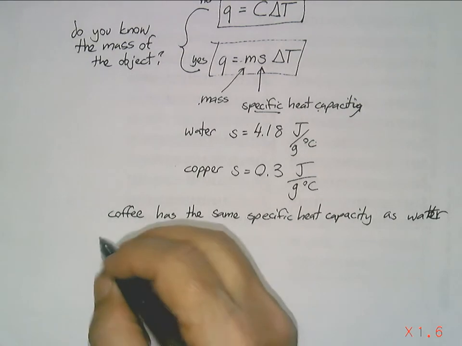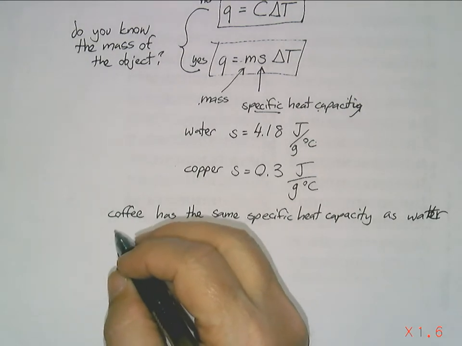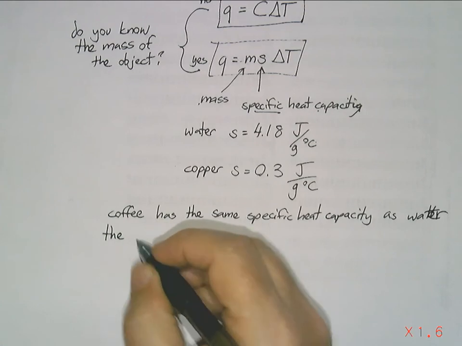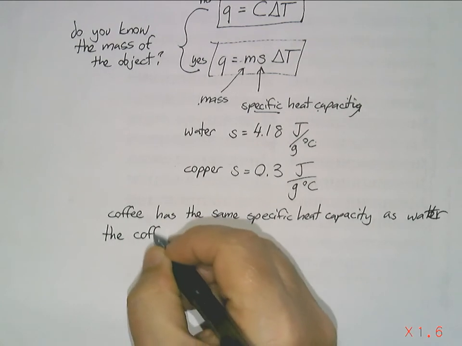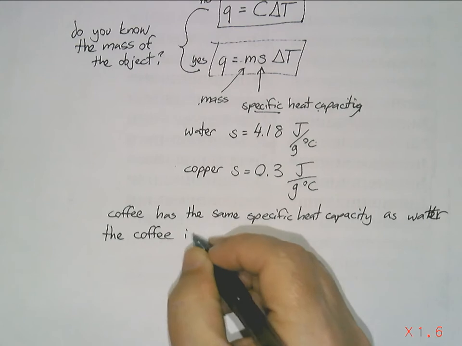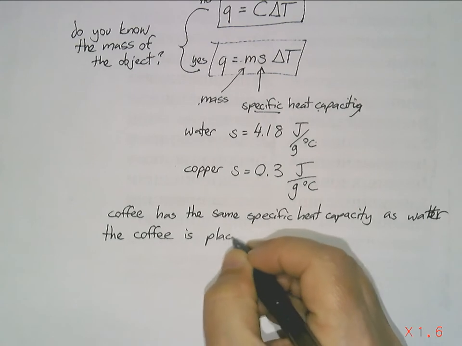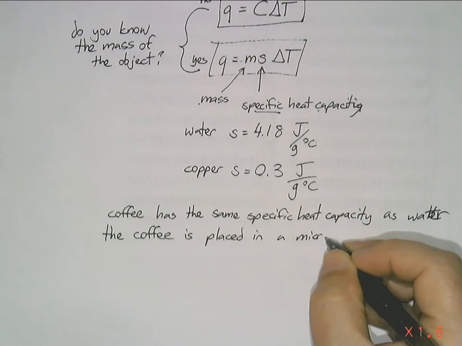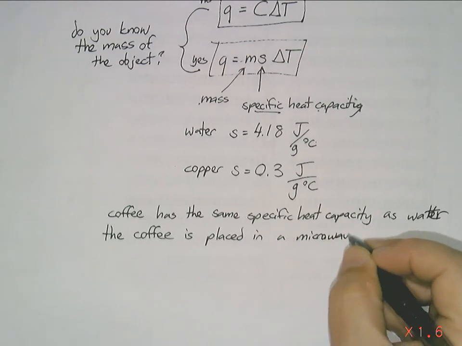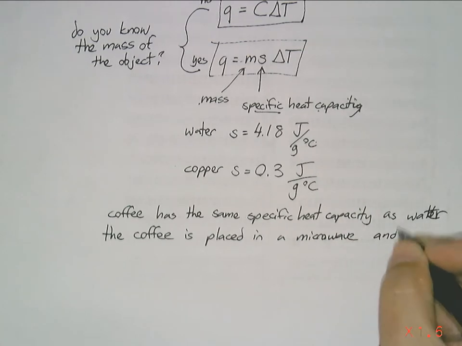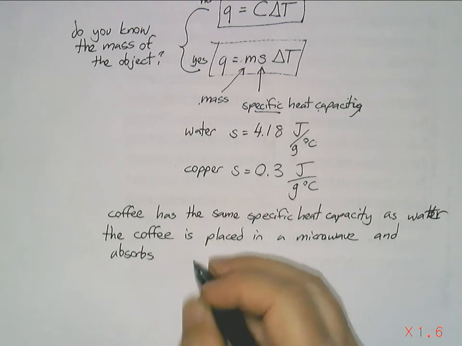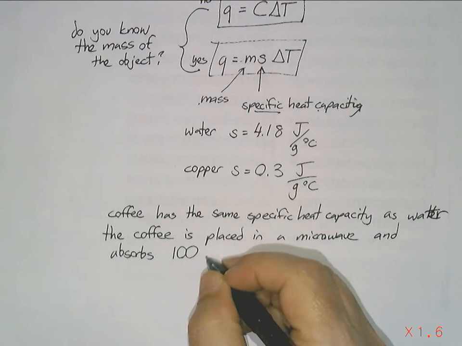Now, let's suppose that the coffee is placed in a microwave and absorbs, I don't know, 100,000 joules.